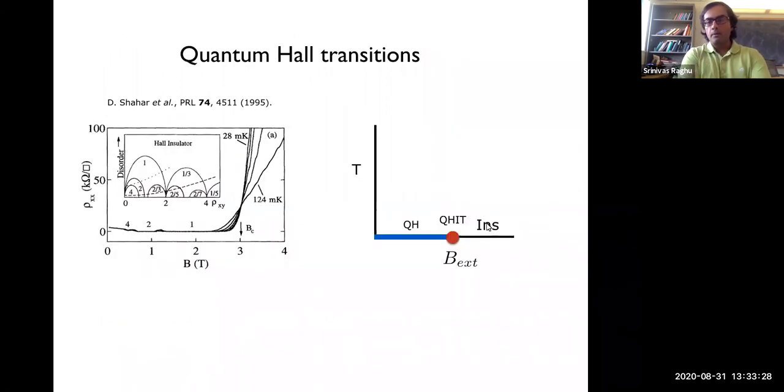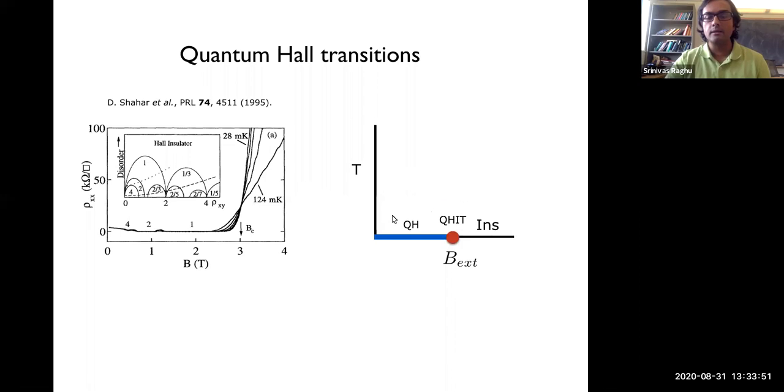Okay, so the quantum Hall phase transitions involving the quantum Hall effect are among the oldest realizations of quantum critical phenomena. They've involved the integer quantum Hall states. They've involved fractional quantum Hall states. They've involved phase transitions from one quantum Hall state to another, and also from quantum Hall states to insulators.